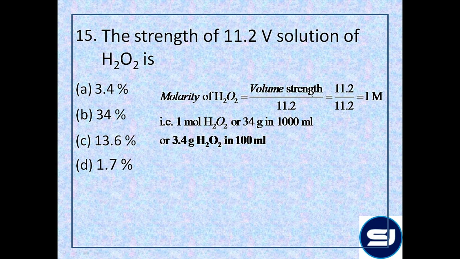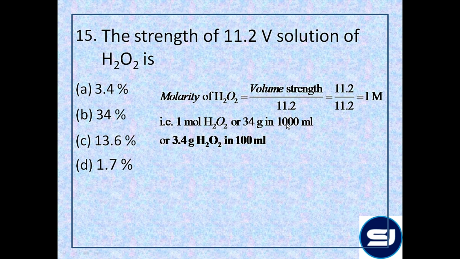Now when the volume strength is given, we can convert it to molarity by using the relation of volume strength upon 11.2. Hence the 11.2 volume strength upon 11.2 gives you 1 molar of H₂O₂. This 1 molar of H₂O₂ means 1 mole of peroxide equivalent to 34 grams of peroxide present in 1000 ml.